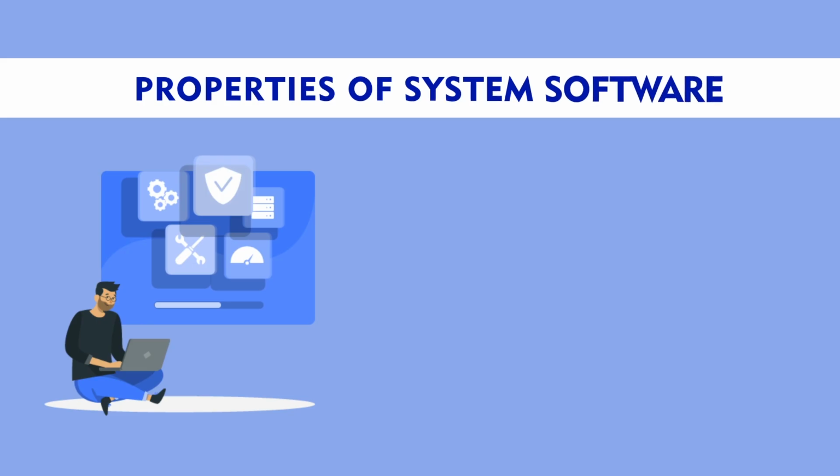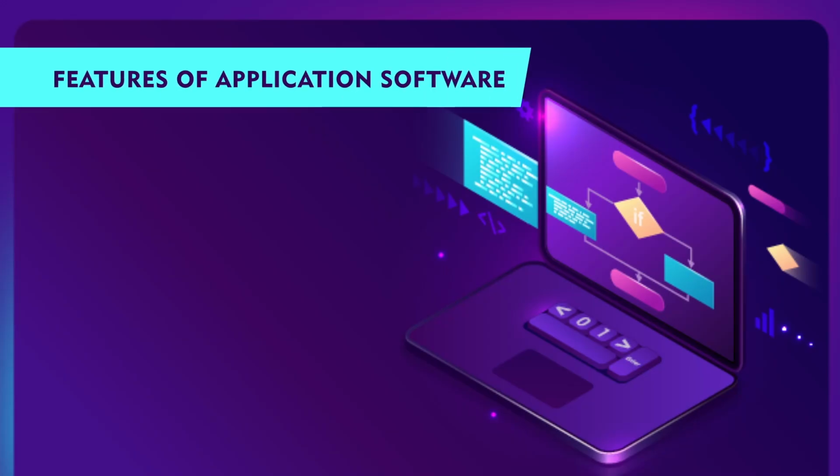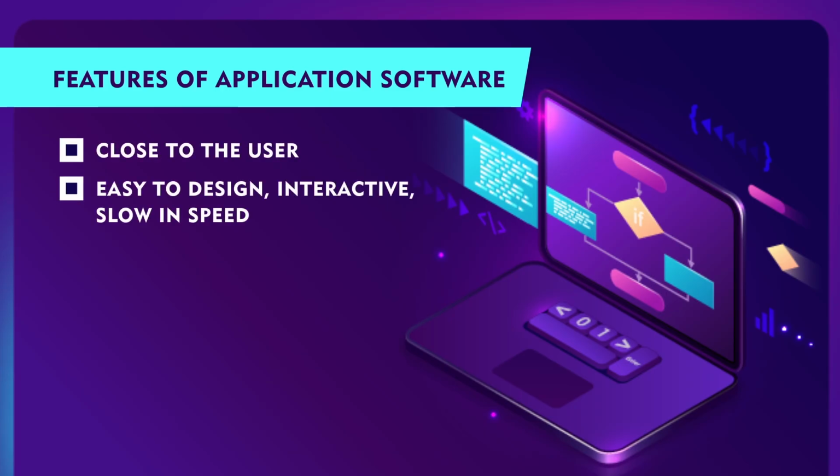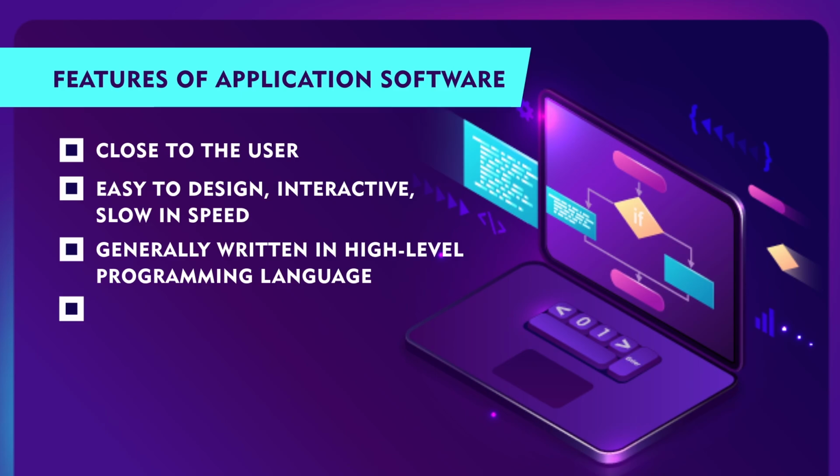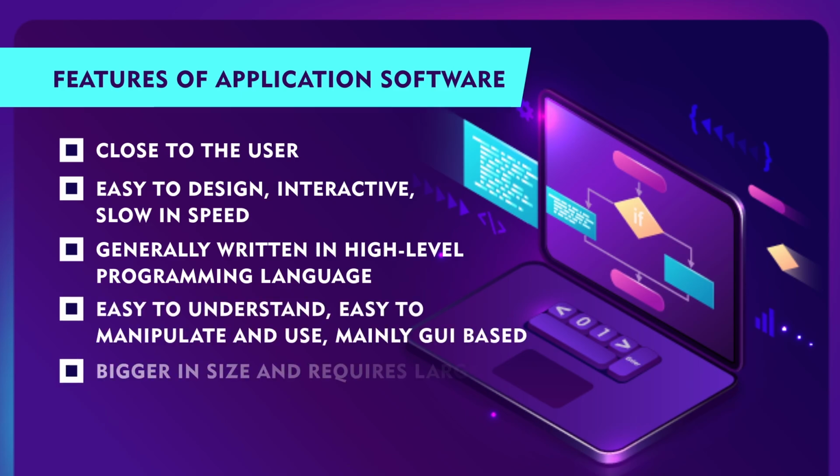And if we talk about the properties of application software, we can say that application software is general purpose software used for the general needs of people, and it is closer to the user. It is easy to design because you actually know what you need specifically, and it can be developed as per your need. It is slower compared to system software because it is generally developed in a high level programming language.